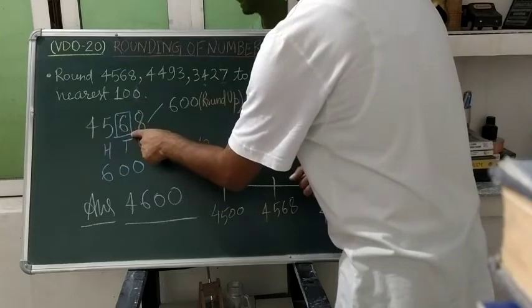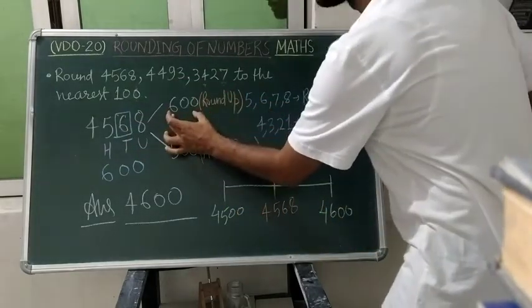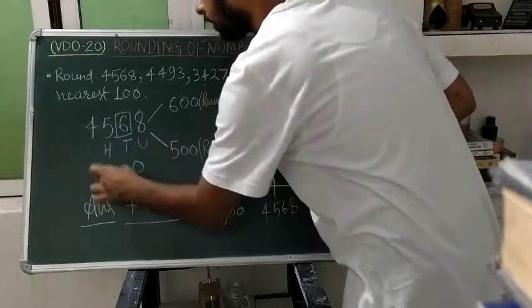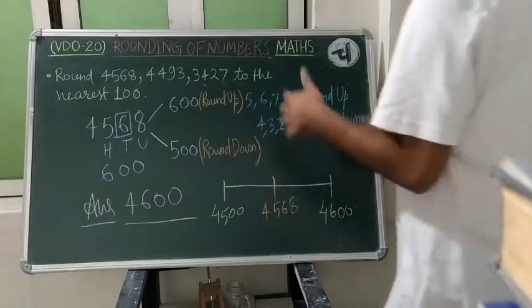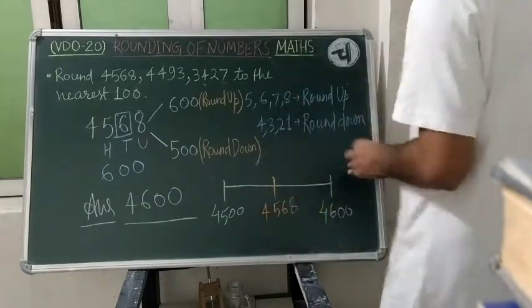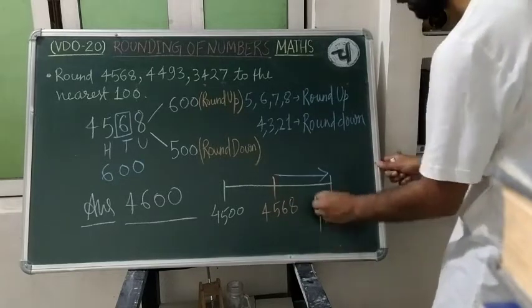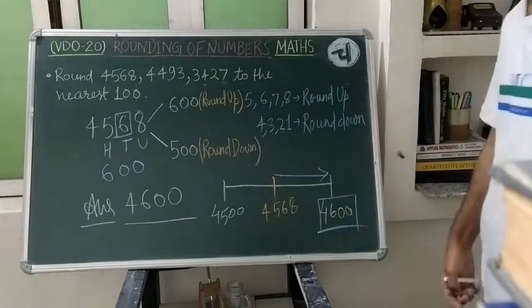The number present at the right side is 6. So for 6 we will round up, that will become 600, and this 600 we will write here, and our number will become 4600. Of course, since we were rounding up, we will move this side. This will give us 4600. Okay.